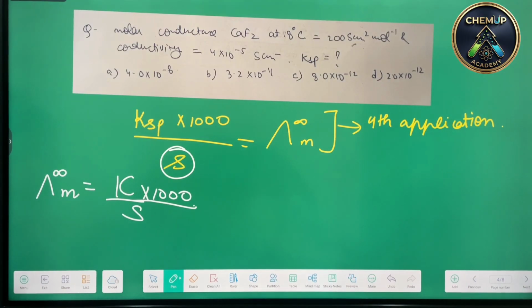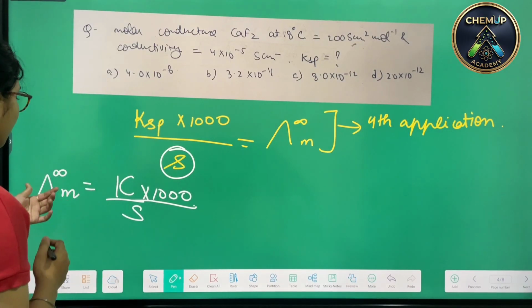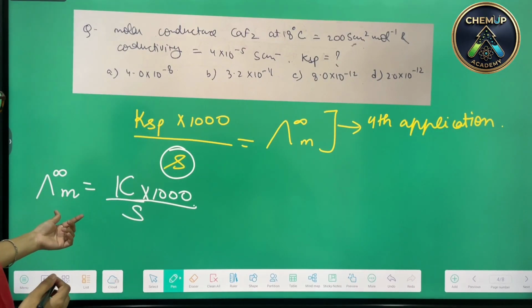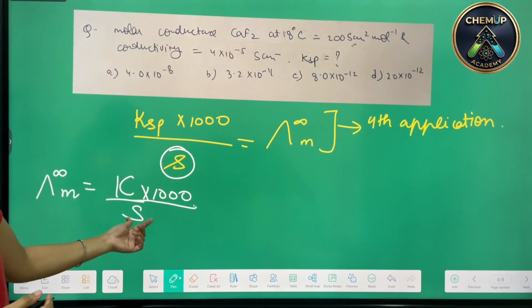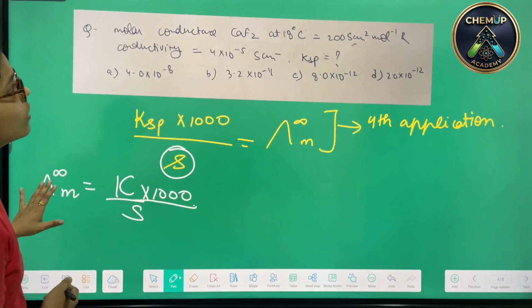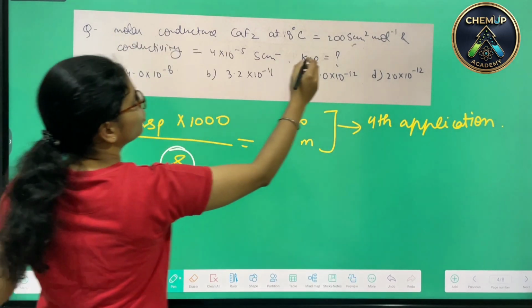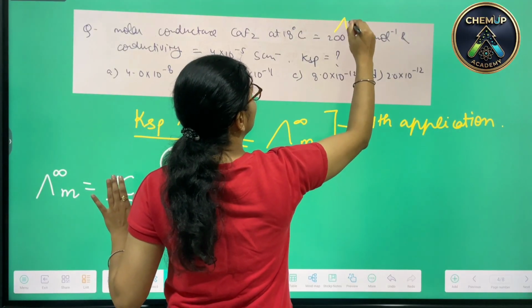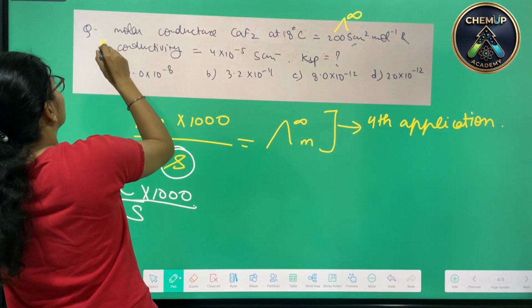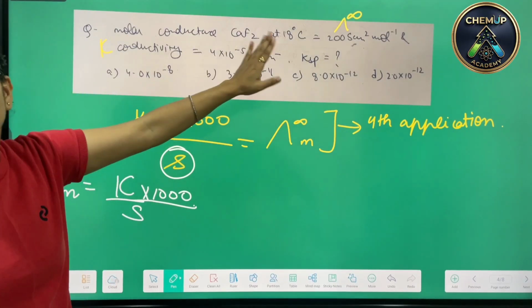So 1000 has to be maintained, molar conductivity at infinite dilution is given, and hence we can calculate the solubility. On placing the values in this equation, this is your molar conductance like this, and here is your conductivity, that is kappa. These are the two values given.